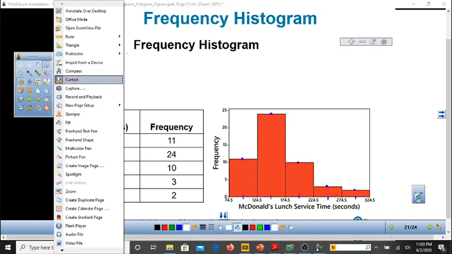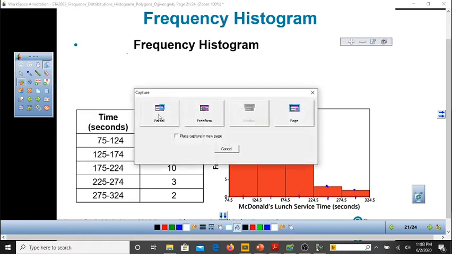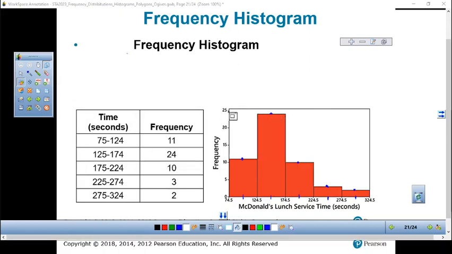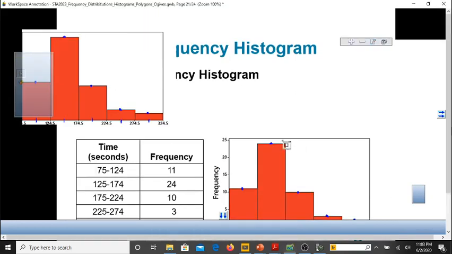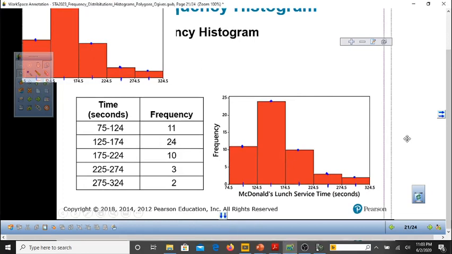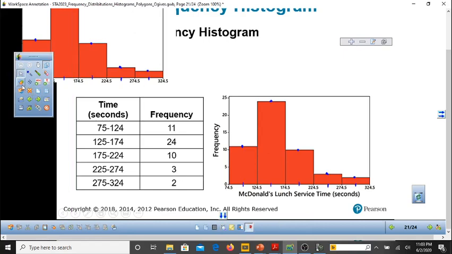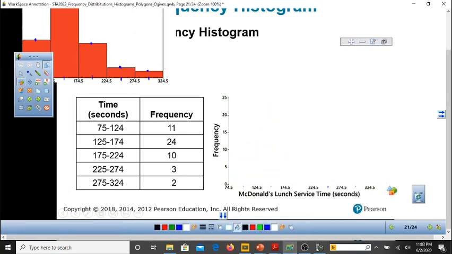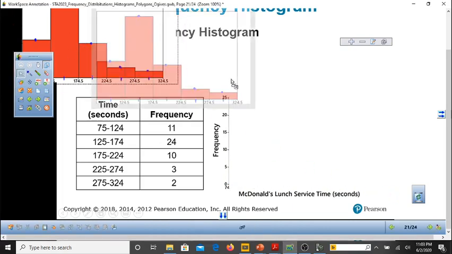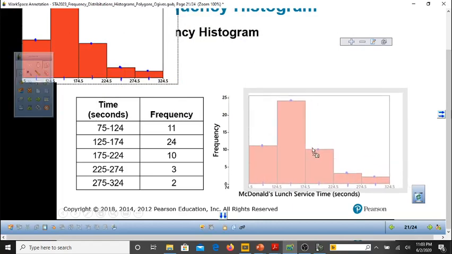So I'm going to do a little capture, and I'm going to try to mess around with this a little bit. It's not going to be a really good situation, but we have to work with what we have. All right, and then I'm going to move my chart over to this side.